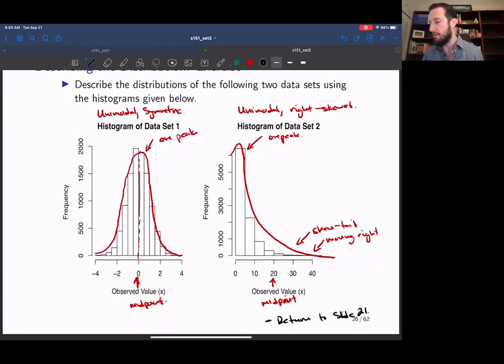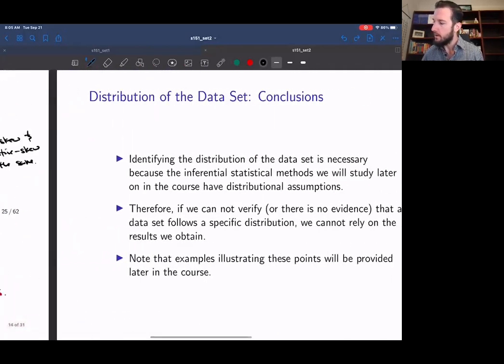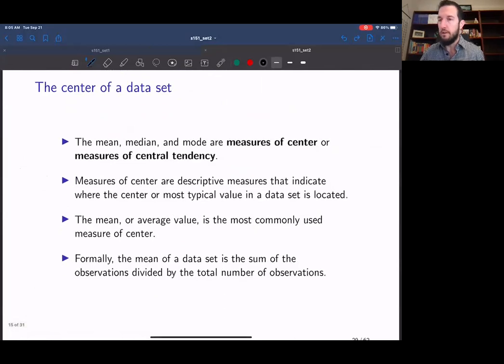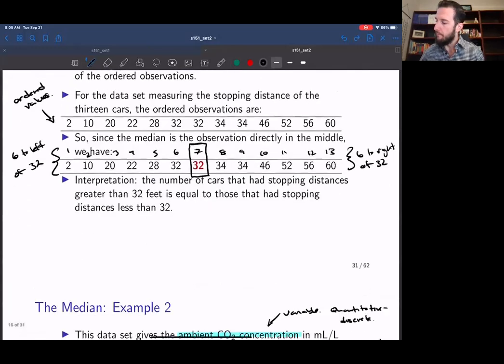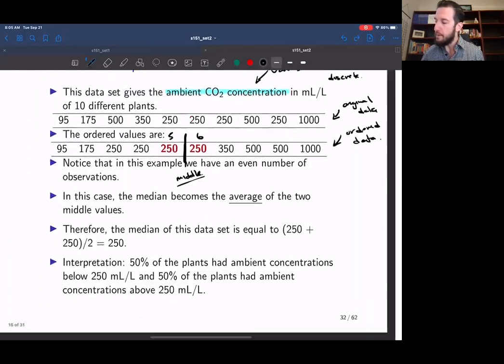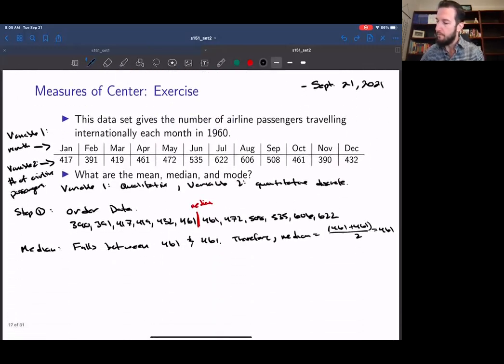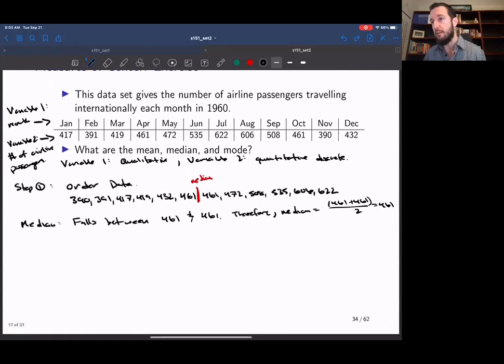And then we also went back and did one more example. After we finished that, we started talking about measures of center. So there are 3 measures of center that we discussed on Thursday. Those are the mean, the median, and the mode.